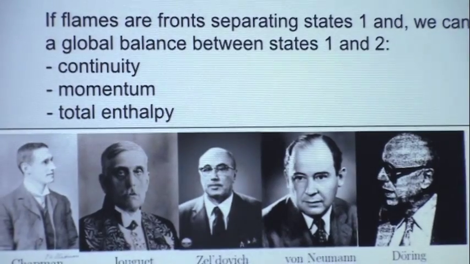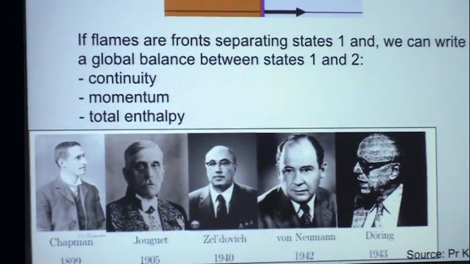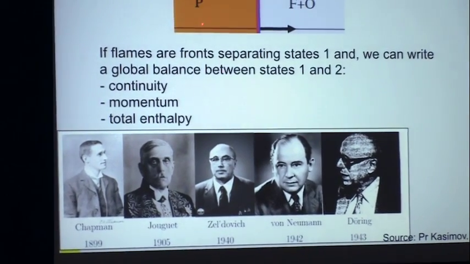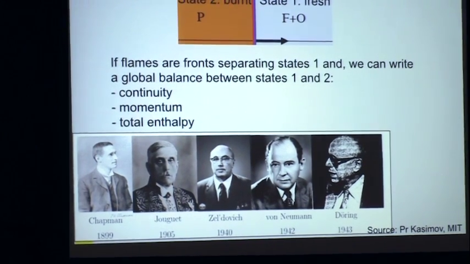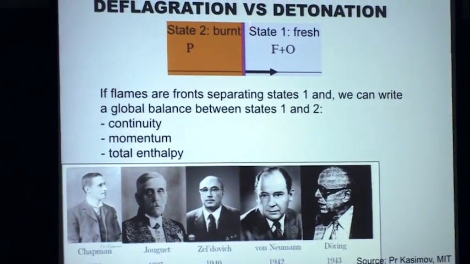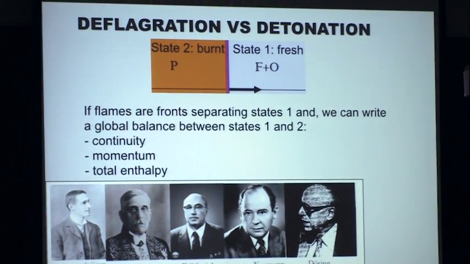Now, rapidly, deflagration versus detonation. Paul will talk about that. I just want to remind you that if you're trying to look at a problem where you have two states, here you have fresh gases, for example, we fill this room with gas and air, and we ignite it, there's no unique solution. It's interesting actually, combustion is not a field where you have a unique solution to the Navier-Stokes equation.